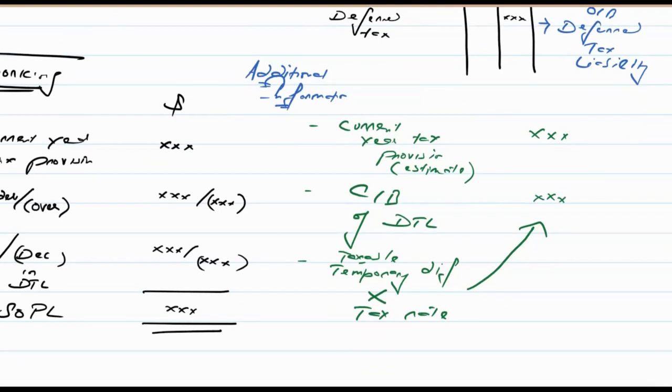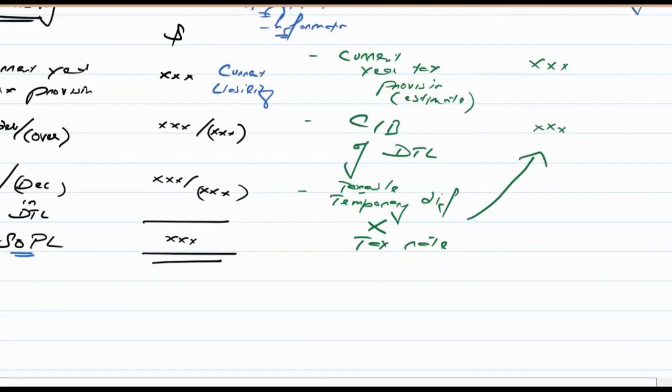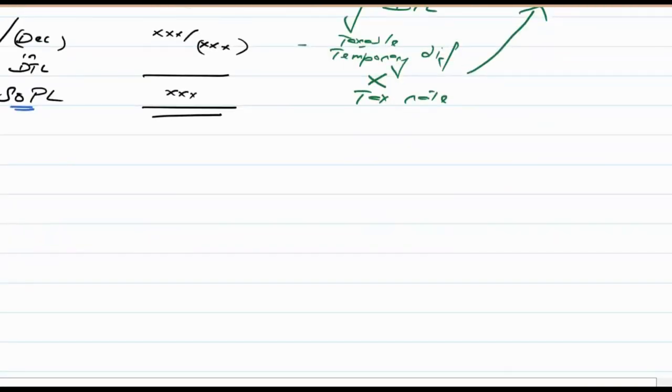Now, this represents your current liability. This is your current liability. And this is your tax expense within the profit or loss. And then, how did you get this increase or decrease in deferred tax liability?